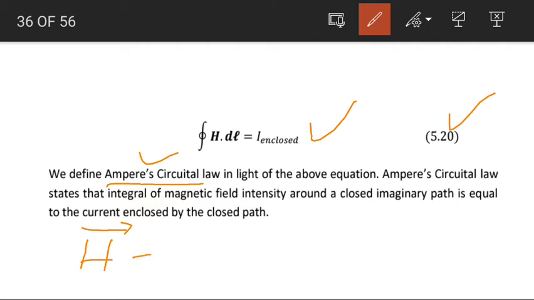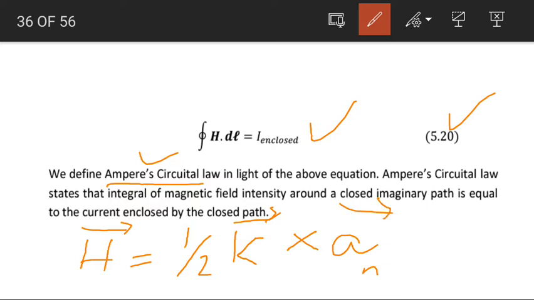The magnetic field intensity at any point which is caused by the current in the infinite sheet is equal to 1 over 2, and then we have K cross a N. So K is the surface current density, and the surface current density is the current per unit width of the sheet.